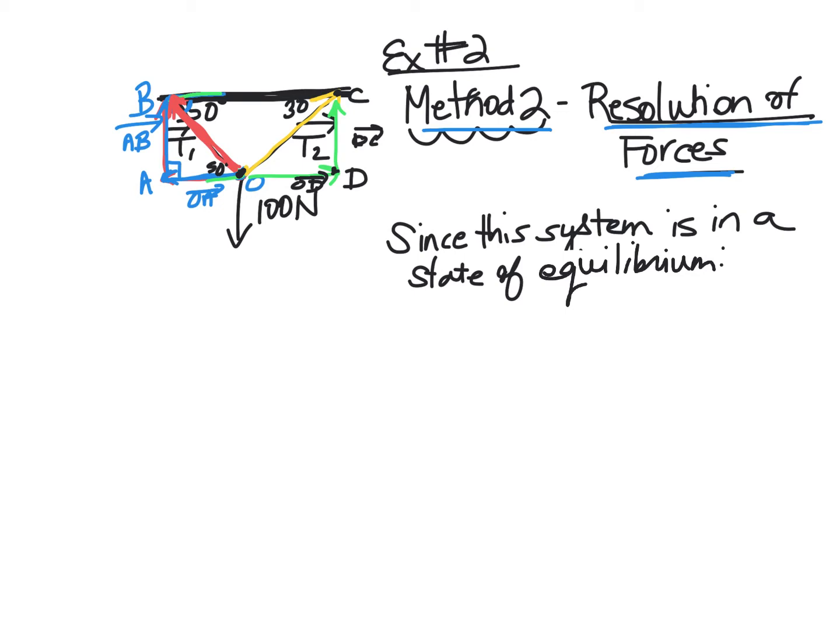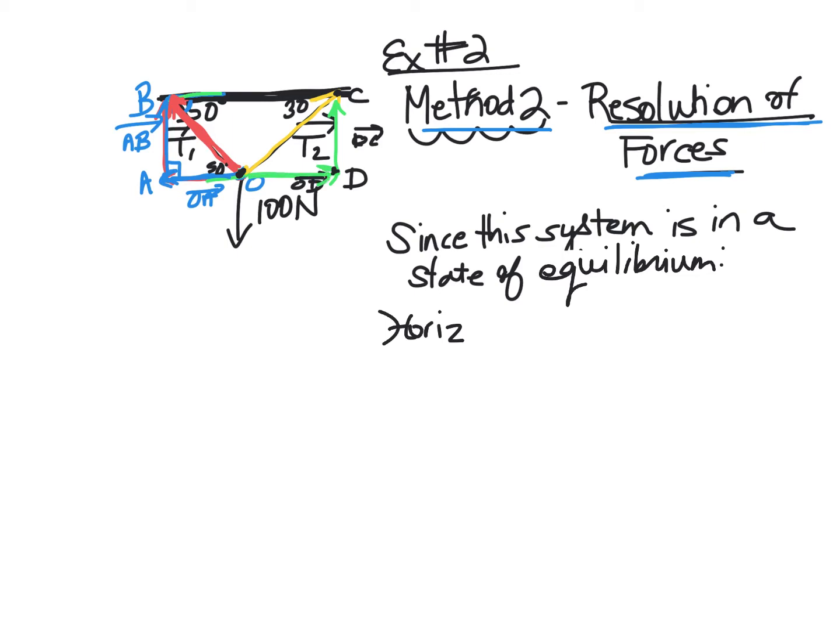So what does it mean if it's in a state of equilibrium? If I'm thinking about the horizontal and vertical components, it means that horizontally you have this blue force pulling to the left, and then you have this green force pulling to the right.